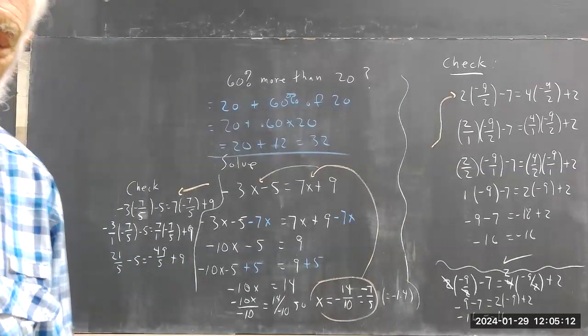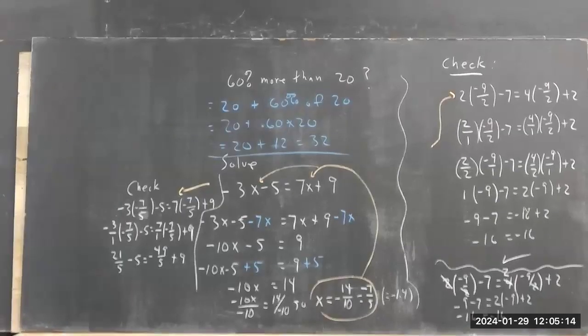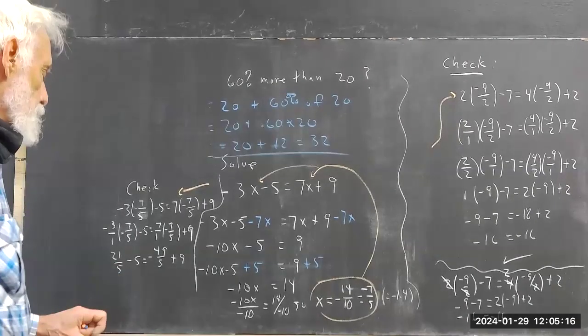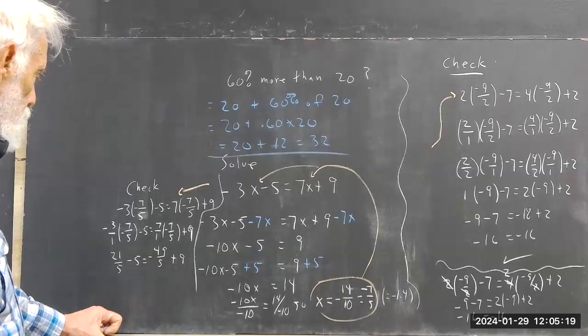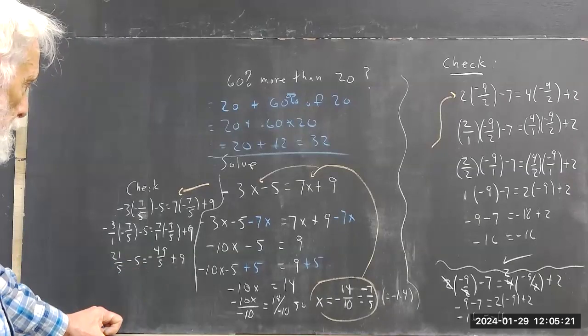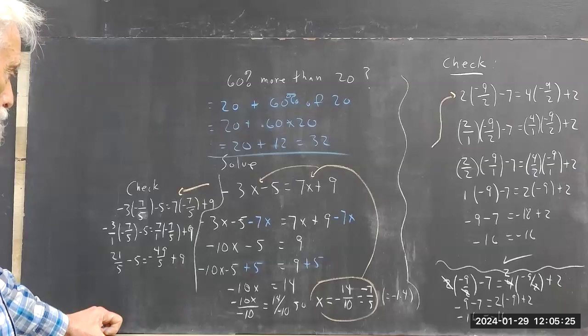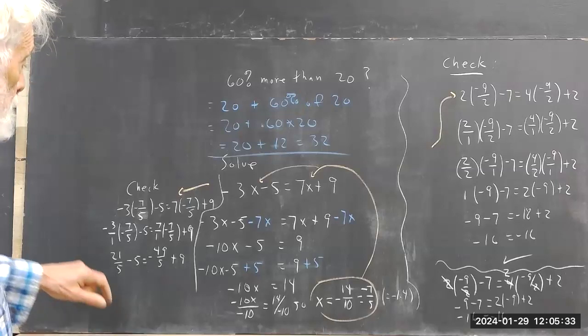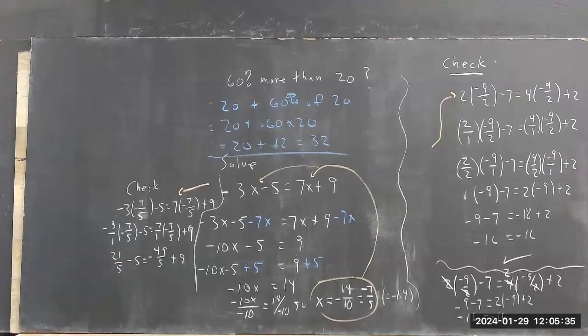Now what am I going to do? Well, I can put everything over here over common denominator, and put everything here over common denominator. I'm going to end up with negative 4/5 equals negative 4/5. I'll do that. But there's a better way to do this. I multiply both sides by 5.